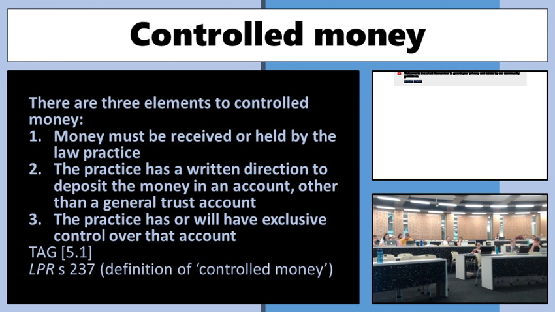Again, that can be expressed in terms of elements: it's money which is received or held by the law practice on trust. There has to be some form of instructions to hold that money on trust in a separate account. And only the law firm has access to that account. It's a separate bank account that's set up for the purposes of looking after clients, separate from a general account.